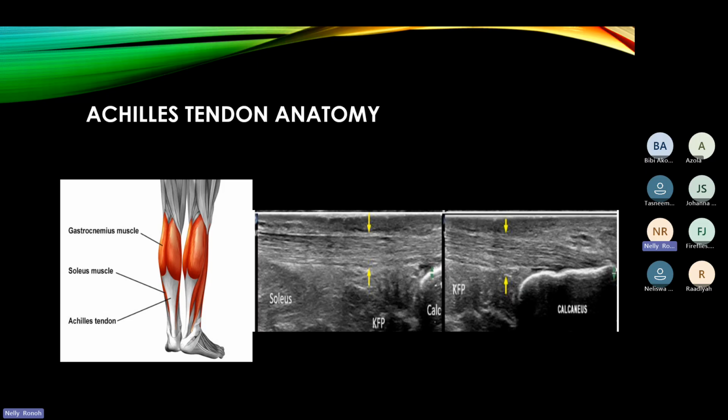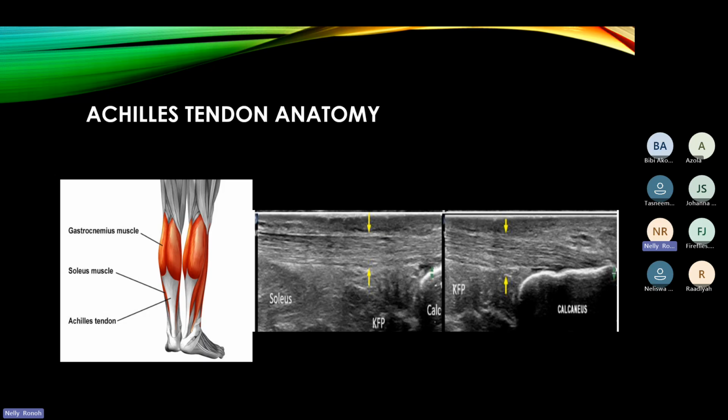When you check the next image here, the ultrasound image, this is a continuation of the same Achilles, but this is the soleus here. We have the Achilles tendon. You can see this bright echogenic tissue here that looks like it has lines in between. Those lines are what we refer to as fibrillar pattern.